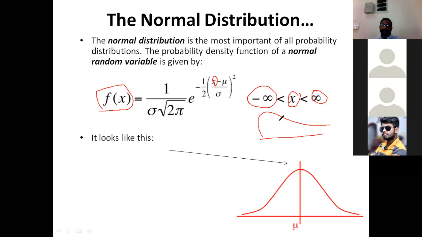Is this symmetric? This is skewed. Skewed to what side? Skewed to the right side. Is this the same or different? It is different, right? So this one is more or less symmetric.